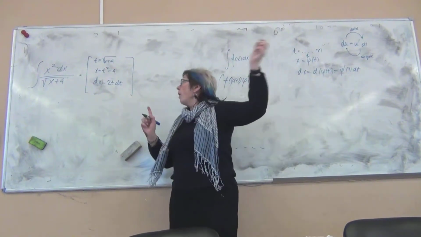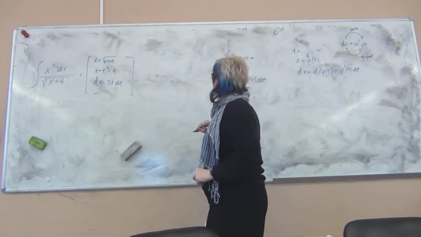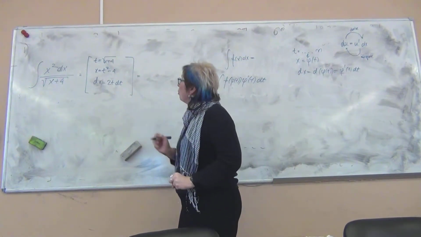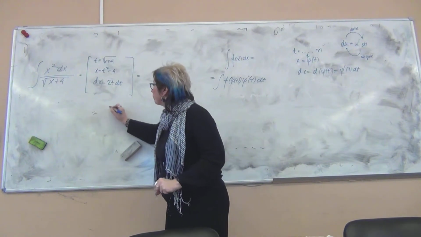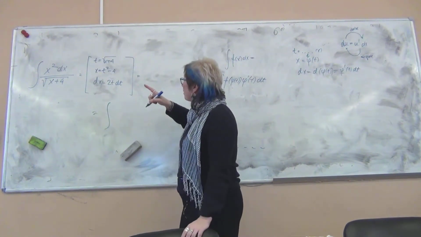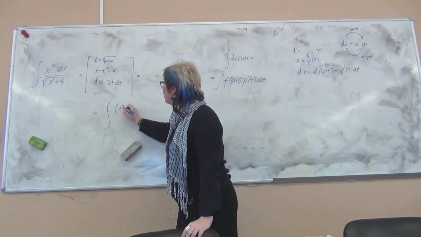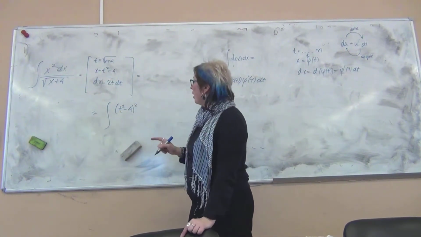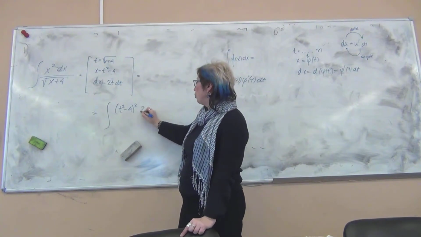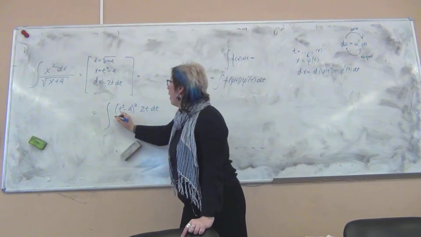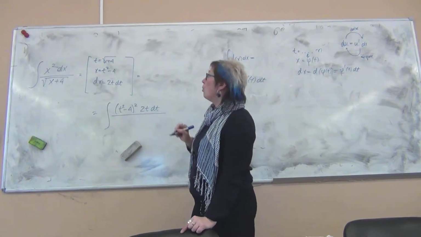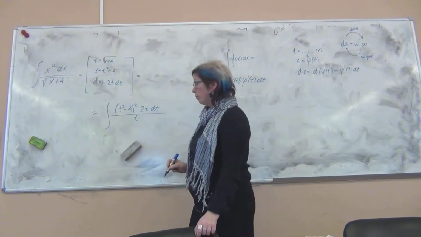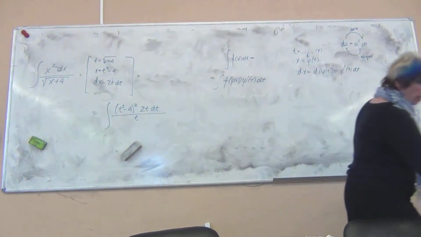Now we put everything back and see what happens. So x squared would be (t squared minus 4) squared. This is x squared. dx is 2t dt. And the square root below the line is replaced by t. Now, aren't we lucky?